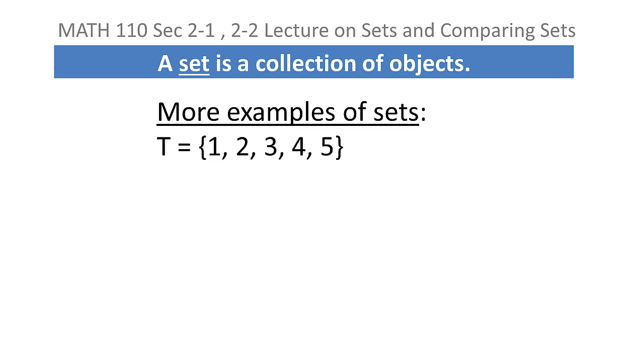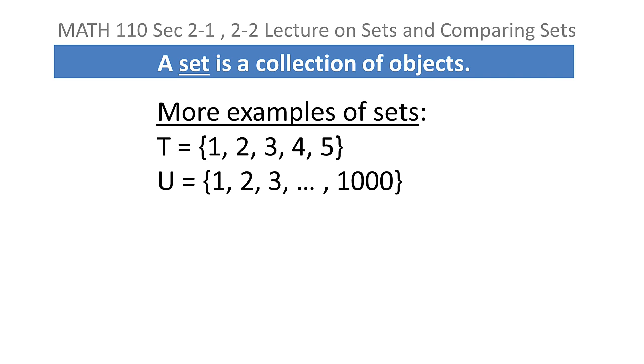Let's look at some more examples. I might call the set T the numbers 1, 2, 3, 4, 5. Perfectly good set. I might call the set U the numbers 1, 2, 3, dot, dot, dot, 1,000. Now the dot, dot, dot just indicates that the pattern continues. So we're doing consecutive integers here, 1, 2, 3, 4, 5, all the way to 1,000.